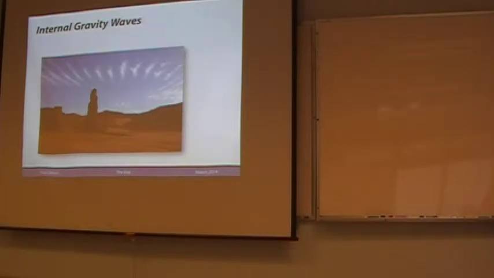We looked at internal gravity waves, which are oscillations which occur within the fluid due to the fact that we have constant stratification with height in the atmosphere. That is, density is a function of height and is not purely a constant value with a discontinuity.